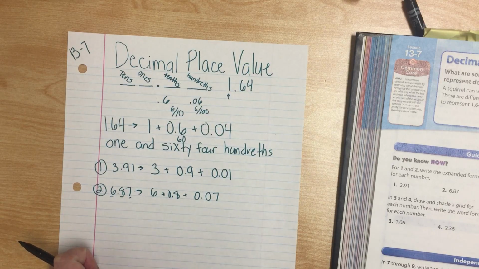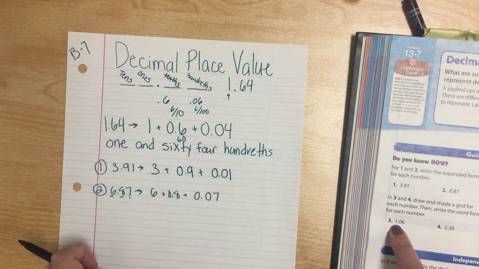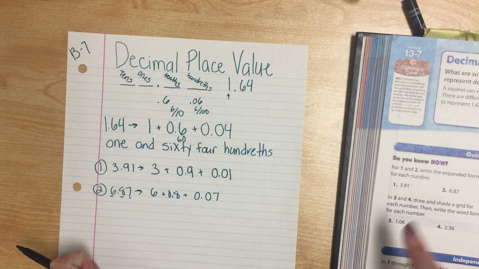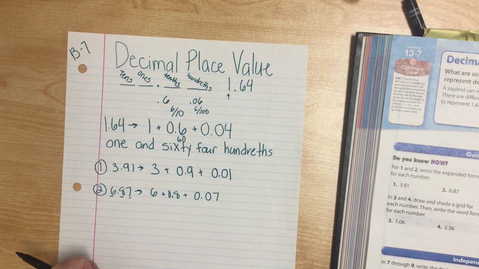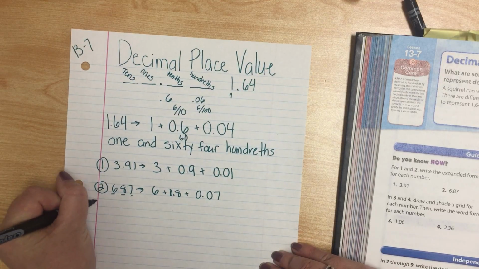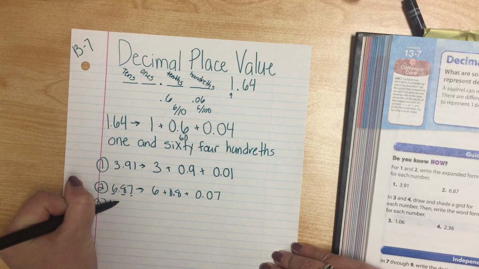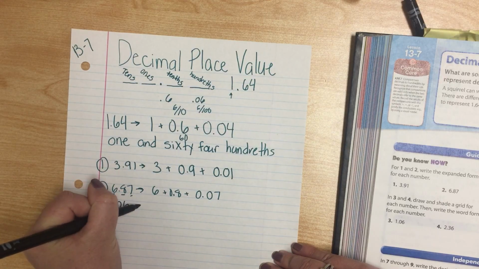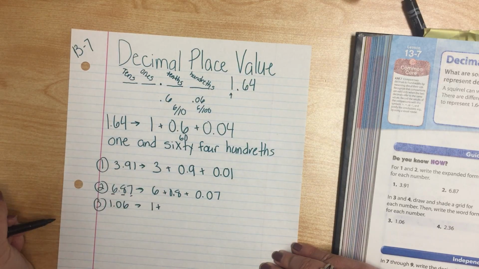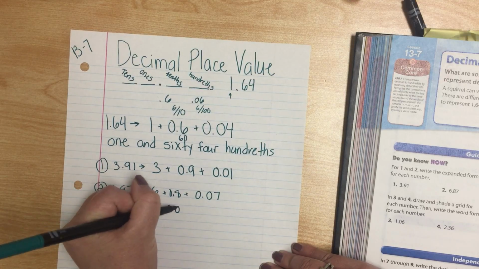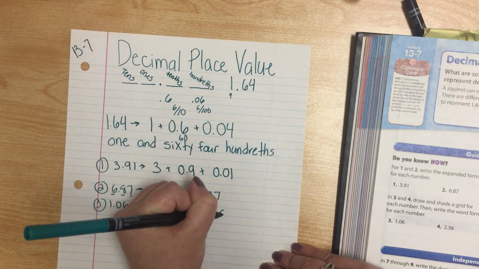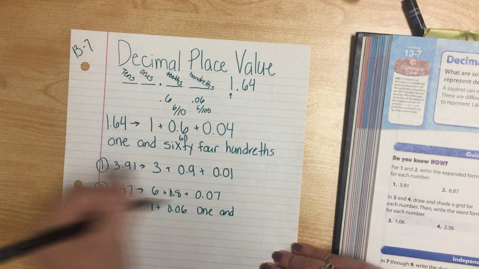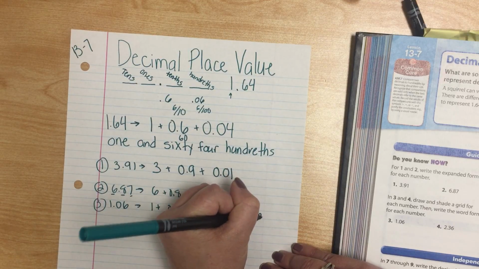Okay, for 3 and 4, we're going to write the number in expanded form, and then we're going to write it in word form. I know it says to draw a grid, but I really don't want to do that. So for number 3, it says 1.06. That would be 1 plus 0.06. Written out, it would be 1 and 6 hundredths.